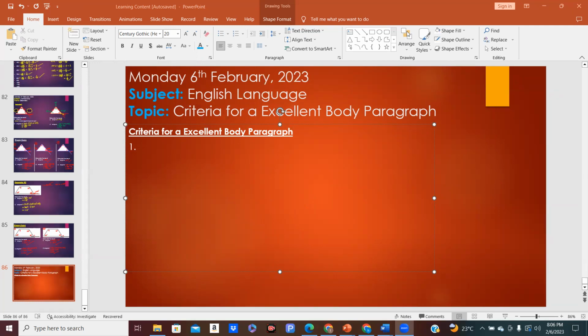But for a body paragraph, you have to start off with a topic sentence. Your topic sentence should basically tell your reader, hey, this is what my body paragraph is about.